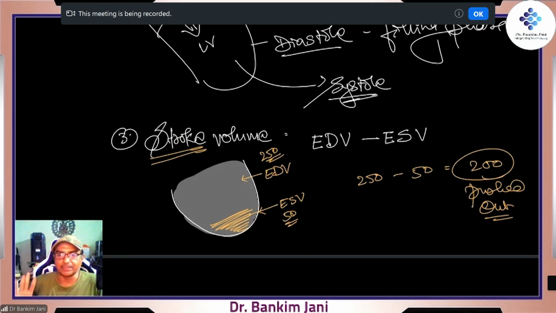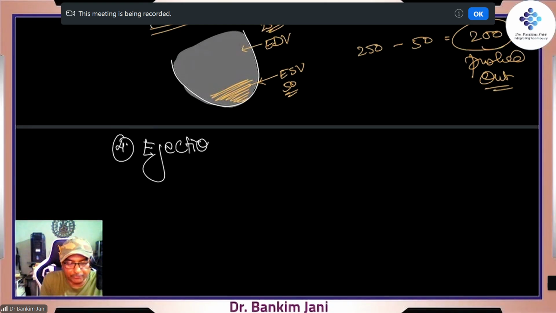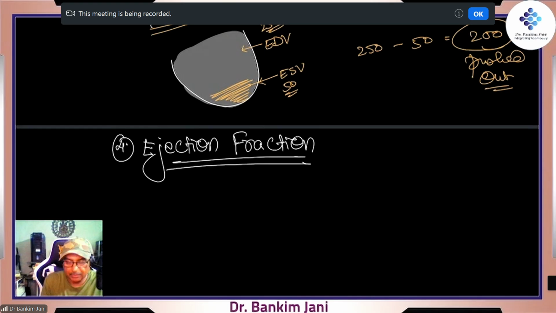We need a percentage, so we use simple mathematics again. This is called the ejection fraction, the most important parameter of the condition of the heart. Whenever we do that, the phone would come asking what the ejection fraction is.